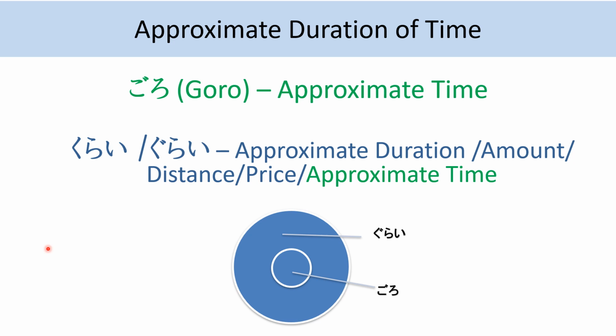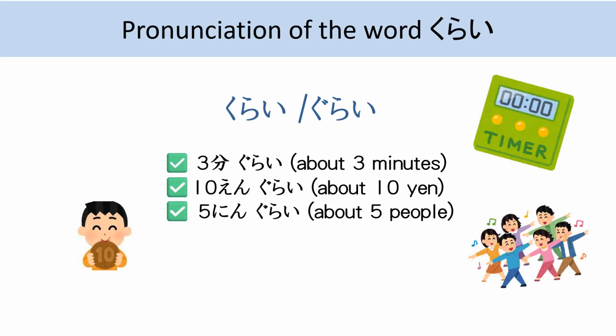In some cases, kurai can also be used for approximate points in time, just like goro. I will compare these words in a chart, but before I show you the chart, let me mention the pronunciation of this word again. The pronunciation of this word can be either kurai or gurai, and they can be used interchangeably.